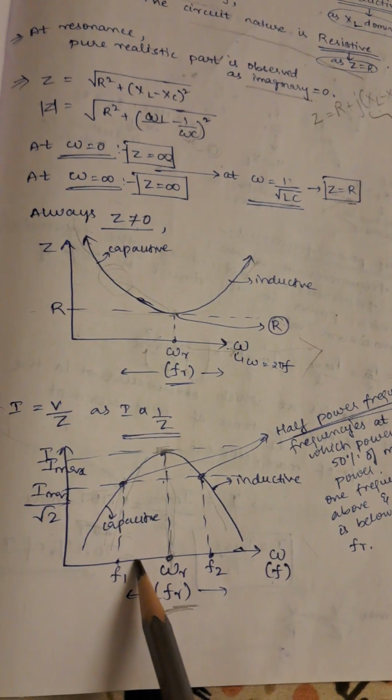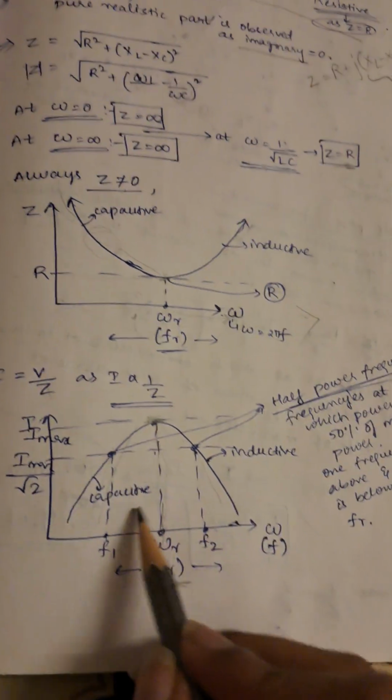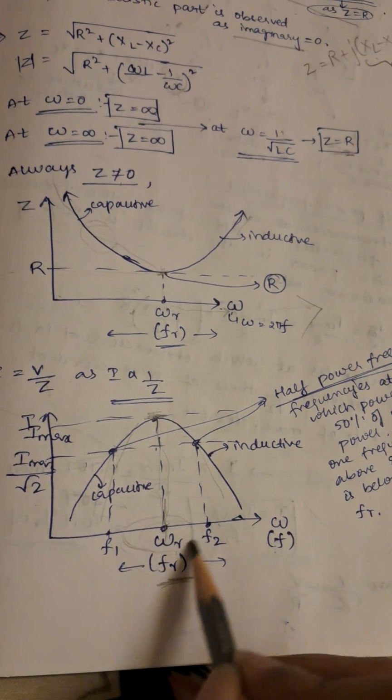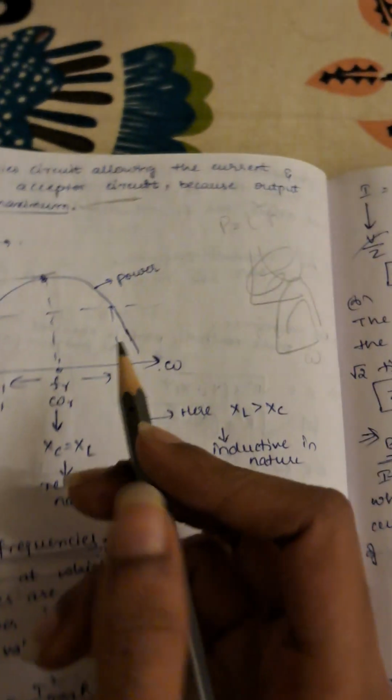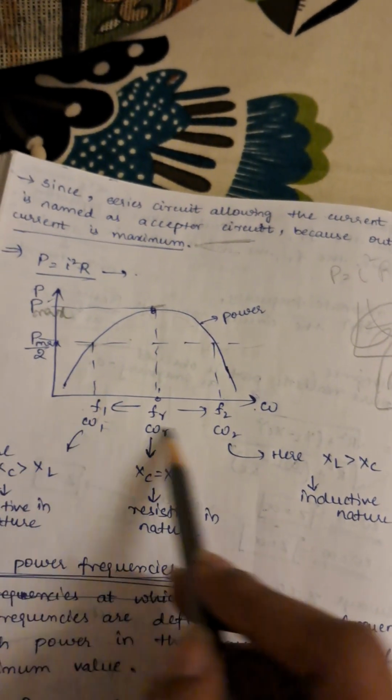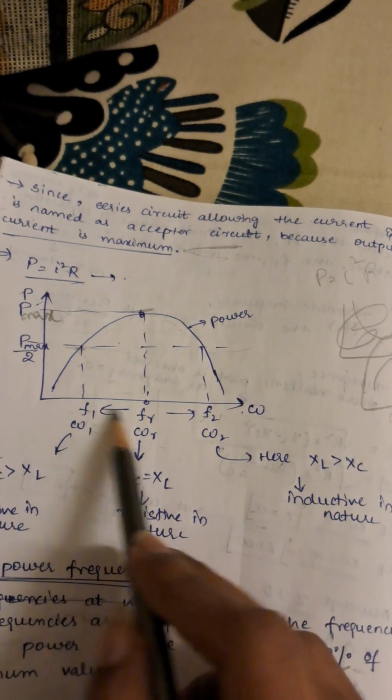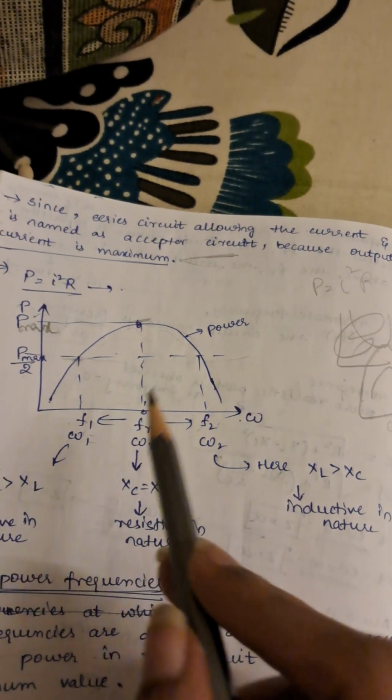Here, these two are half power frequencies. In between all frequencies are known as bandwidth. All are the same. So in between two half power frequencies, all other frequencies are known as bandwidth.